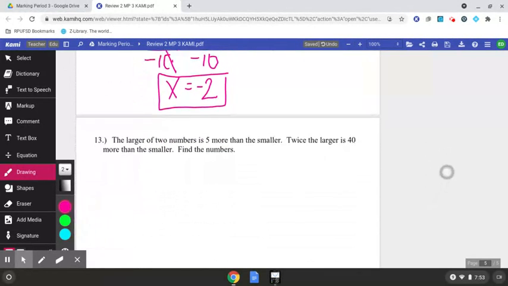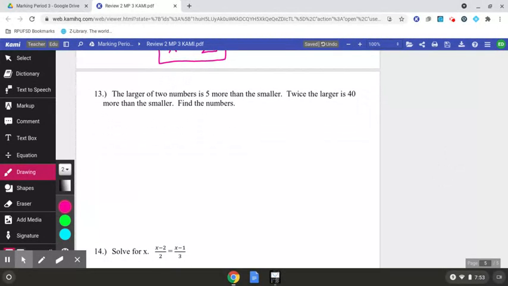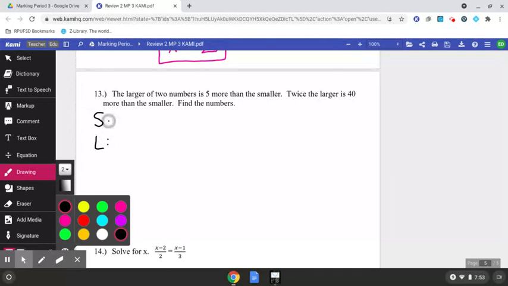Okay, number 13 is the word problems that we've been working on, and these are the smaller, larger ones, this first one. So in the first one, we have the larger of two numbers is 5 more than the smaller. So I know that there's two sets of numbers here. I have a smaller and I have a larger. And I told you guys, whatever's mentioned last in that first sentence is always going to be your x.